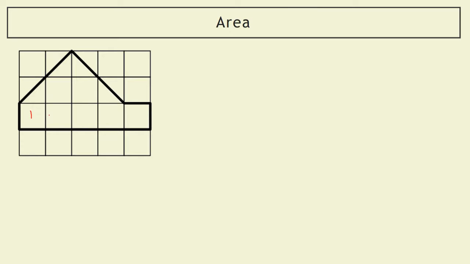So we've got 1, 2, 3, 4, 5 complete squares there. We've got 6, 7 complete squares there. These two come together to make square 8, and these two come together to make square 9. So if they were a centimeter by a centimeter, each square is a square centimeter, so we're going to get 9 of those square centimeters.